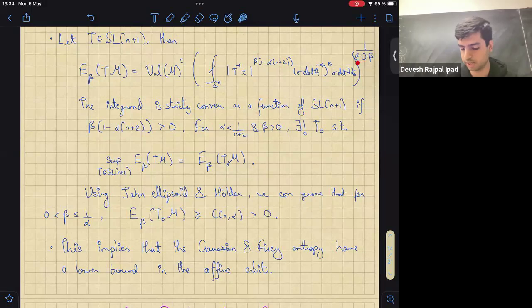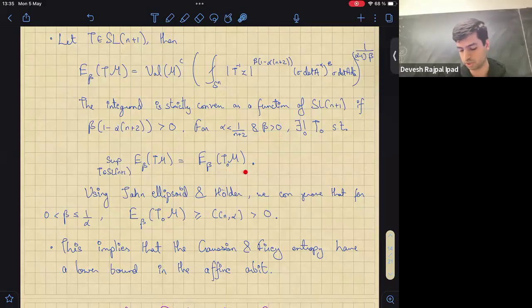And since we are raising it to a negative power, the final thing will have a supremum. So for any convex body, if alpha is less than 1 over n plus 2 and beta is positive, using an affine change T naught, I can bring it to the supremum in the affine orbit.